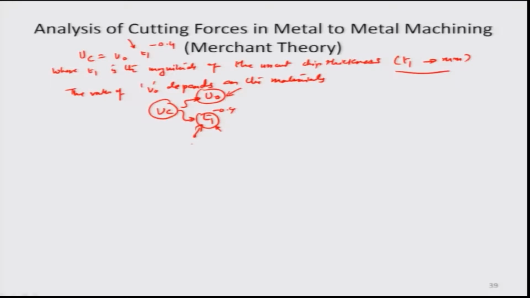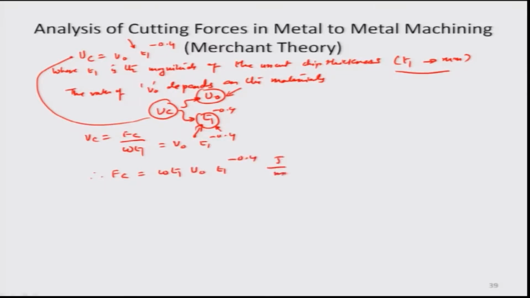So, having said that, the value of Uc can be substituted in the relationship which we developed right here, and we can say that Uc, which is equal to Fc by W T1 as found out before, is nothing but U0 T1 to the power of minus 0.4, and basically Fc therefore becomes equal to W T1 times U0 T1 to the power of minus 0.4 joule per millimeter.